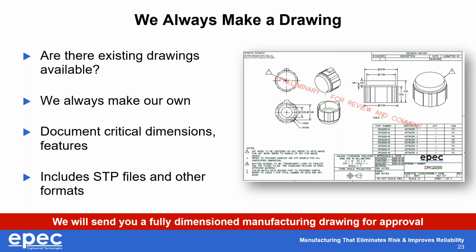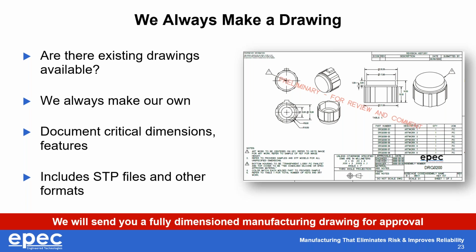As we stated earlier, we always make a drawing. This is inherent in our process. But before we jump into this, we want to work with you and have a conversation. Do you already have drawings? If there's existing drawings, do they match what you want? Do you want to make changes upon what you already have?